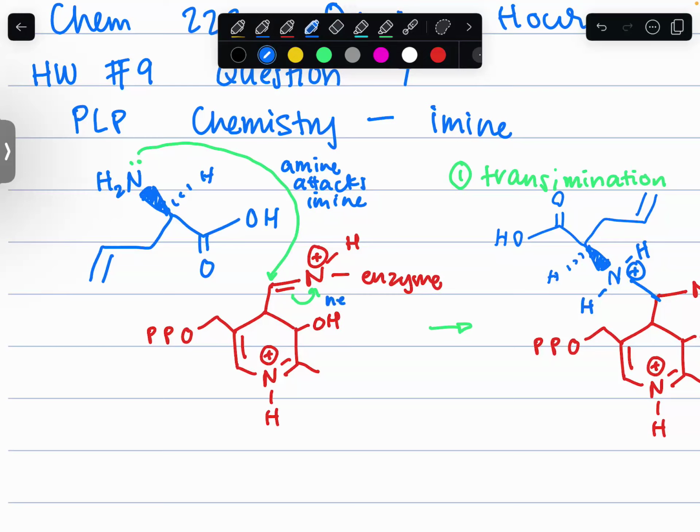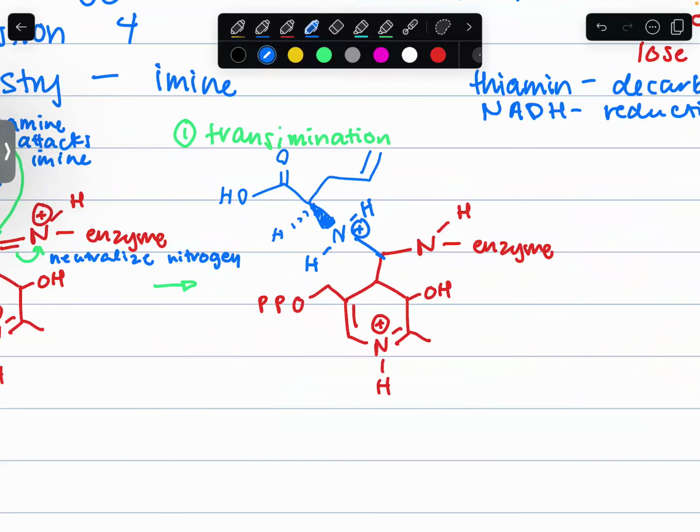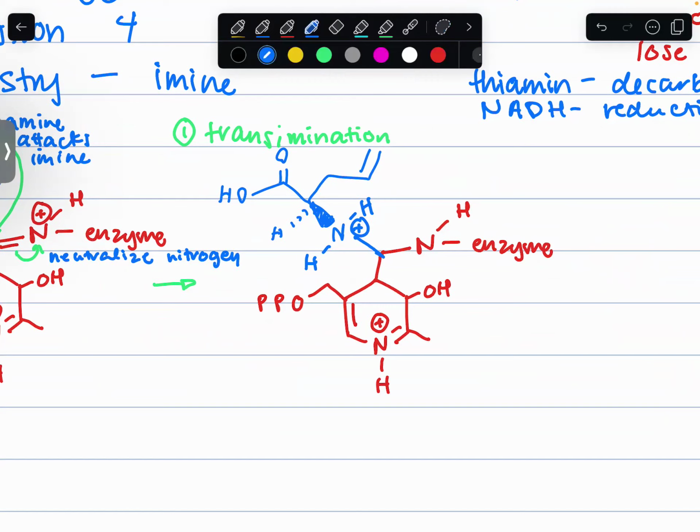So we neutralize our nitrogen, and this is the intermediate we get. From here, we're going to see a deprotonation. So we'll say X minus comes in and gives those electrons back to the nitrogen.